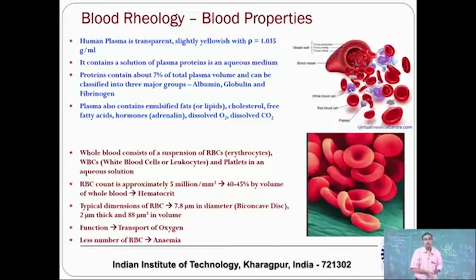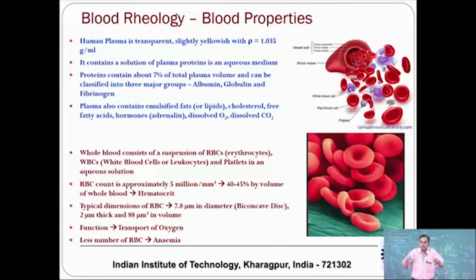Blood contains primarily red blood cells, white blood cells and platelets. These are the three different types of cells, and you can see in this view graph the shape of the red blood cells, which are like biconcave discs.